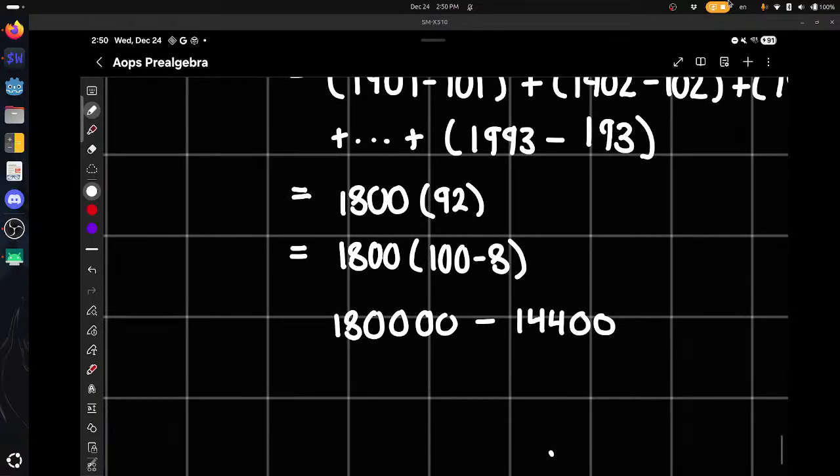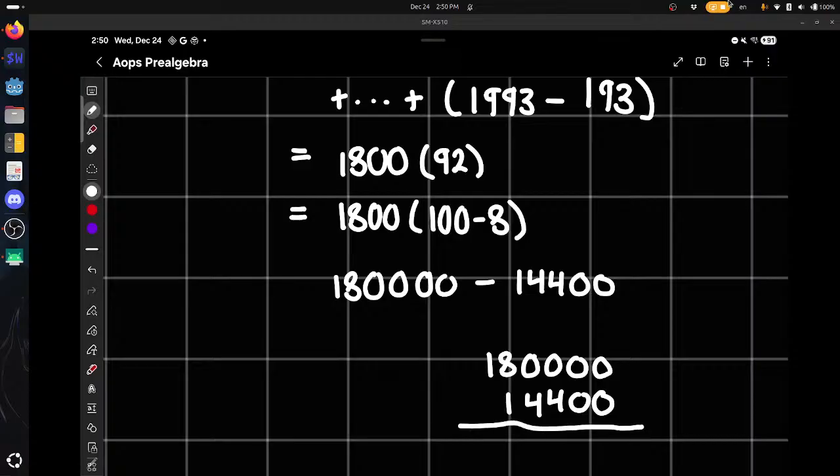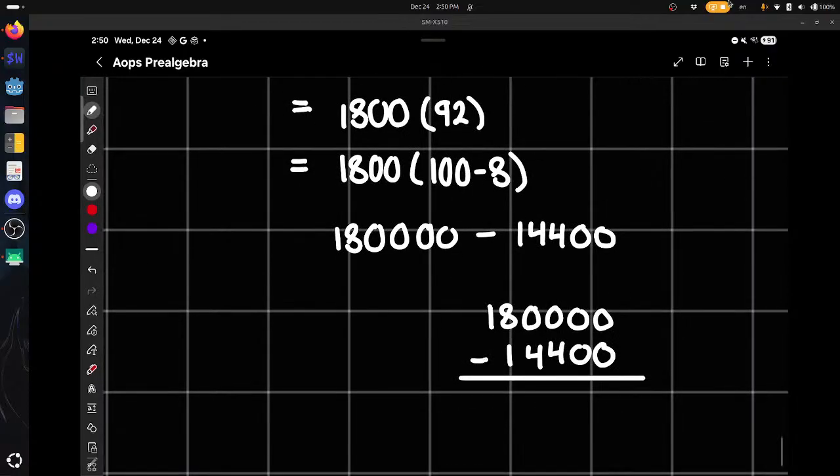So we subtract that. Oh crap, I forgot how to borrow.